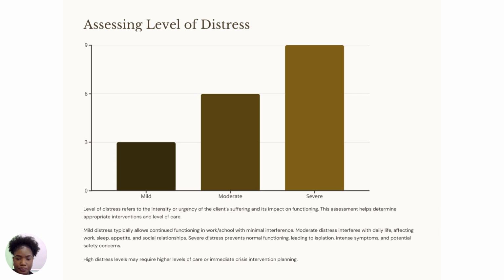On the exam, that can hint at severe depression, psychosis, neurocognitive decline, or trauma-related freeze responses. Remember, high distress levels require higher levels of care or immediate crisis intervention planning.